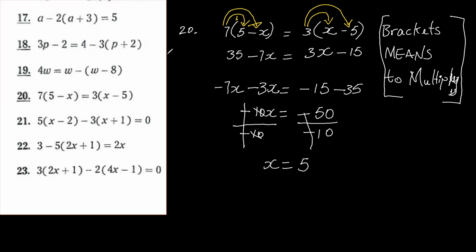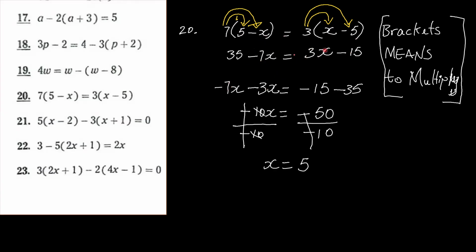So it is 7 times 5, 35. That's where we got our 35 from. 7 times negative x, so that's negative 7x. Equal sign under equal sign. 3 times x, 3x. 3 times negative 5, negative 15. So what we did, we put all the x's together.